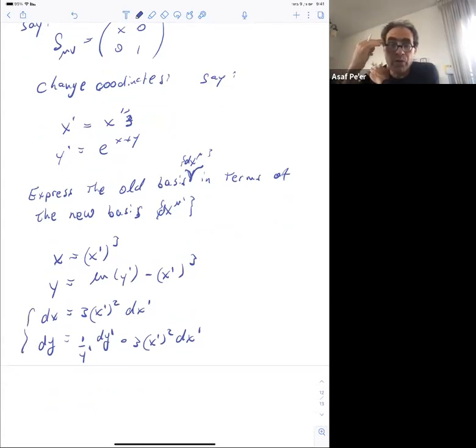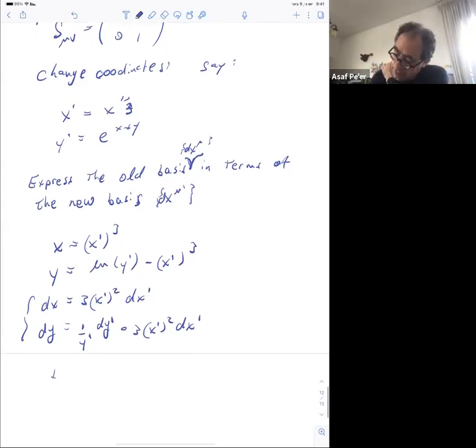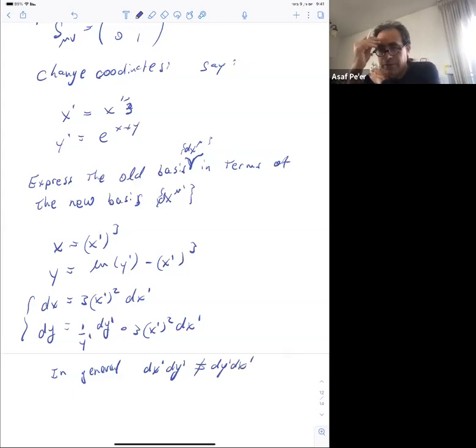You just express the old basis, the x mu, in terms of the new basis, the x mu prime. The thing to remember is that tensor products do not necessarily commute. So in general, dx prime dy prime is not the same as dy prime dx prime. We have to be careful in what we do.